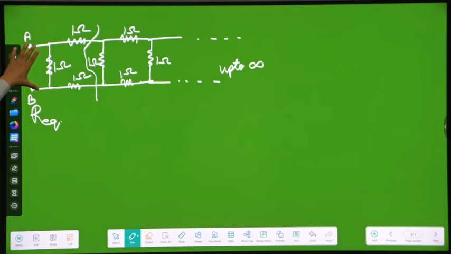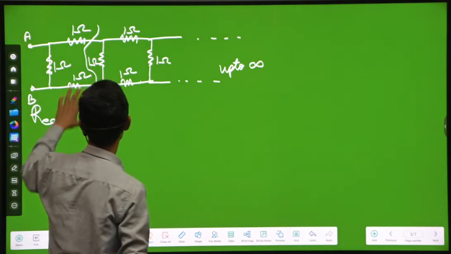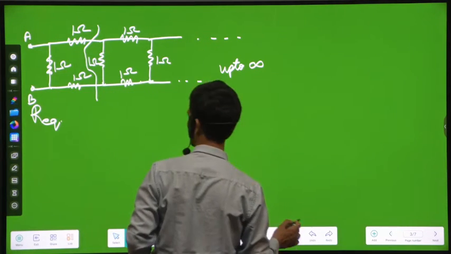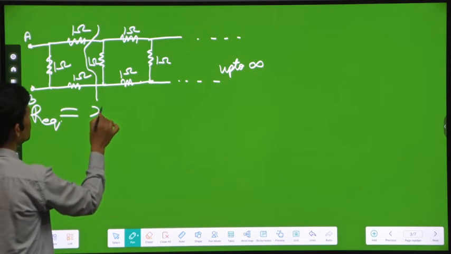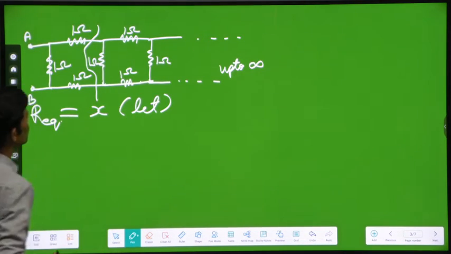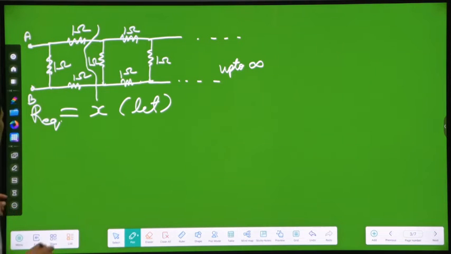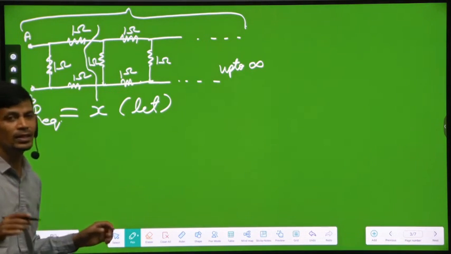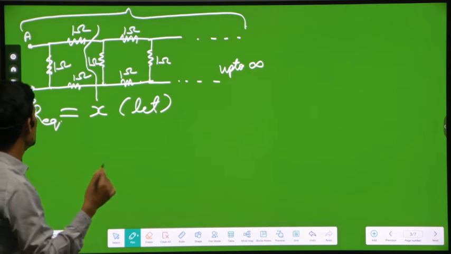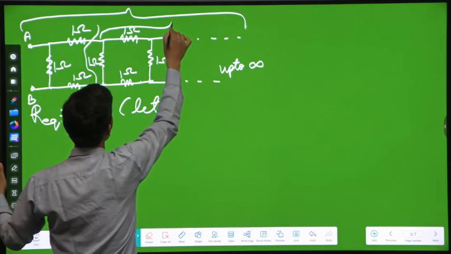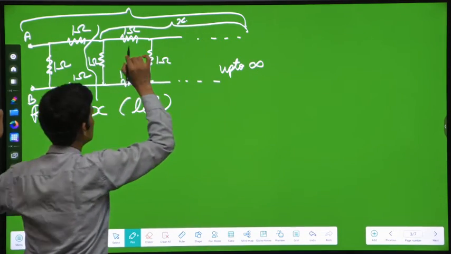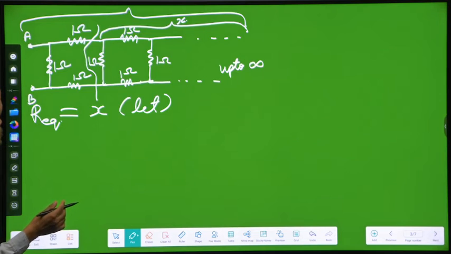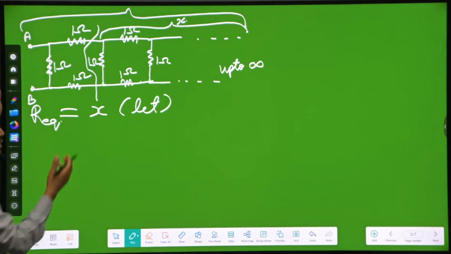So if we want to find the resistance of this entire circuit, we'll assume that R equivalent is equal to X. Means the resistance of this entire unit is X. But as it is going to infinity, any of the similar portions can also be considered as having the value of its equivalent resistance.